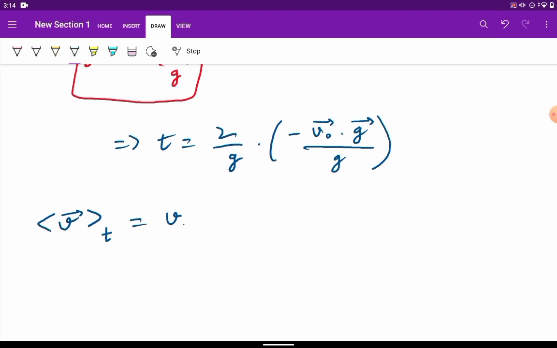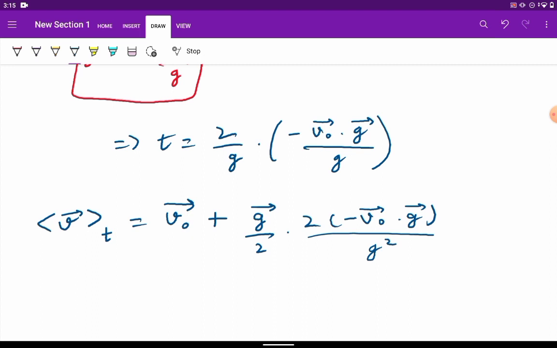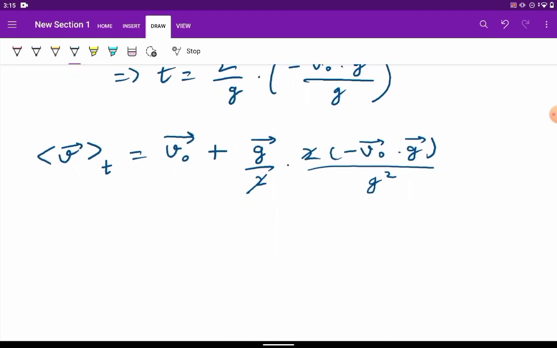So v naught plus g by 2 times t, where t is 2 times minus v naught dot g by g square. The 2 cancels out.